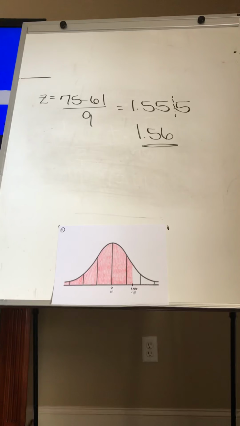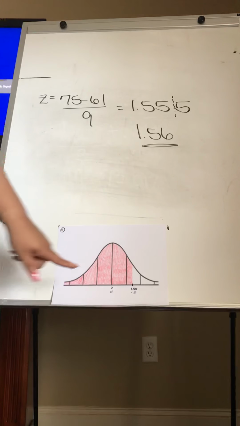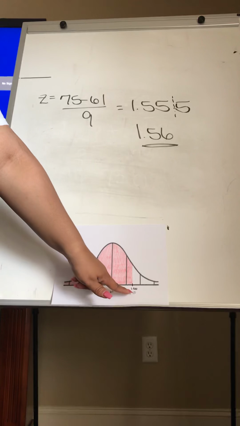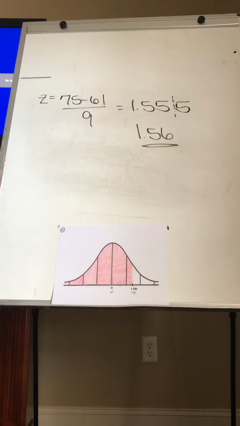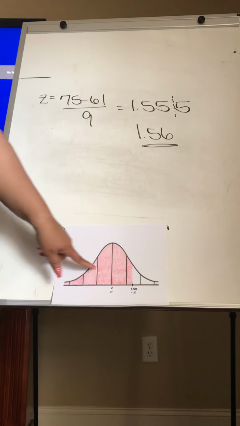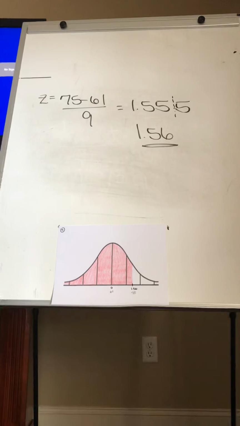Okay, that's different than the 2's repeated. That one's going to round up to 1.56. So if you look at the picture, I have 75 represented as 1.56. And it says times less than 75. So that would come all the way to the left. If you look, that's a body picture.